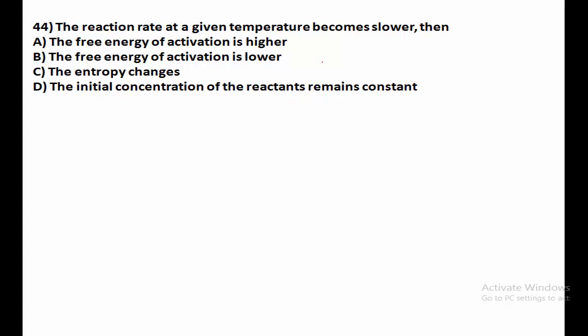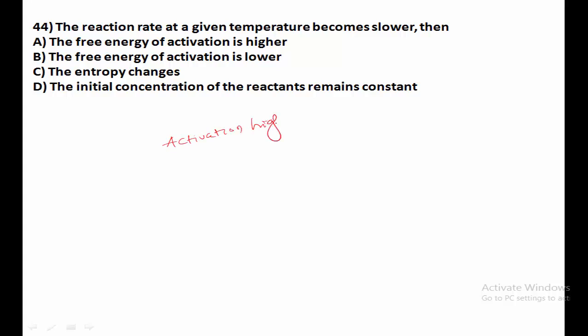44th. The reaction rate at a given temperature becomes slower when the free energy of activation is higher, or when the free energy of activation is lower, or the entropy changes, or the initial concentration of the reactants remains constant. Whenever the reaction rate slows down, it means the activation energy has become higher.